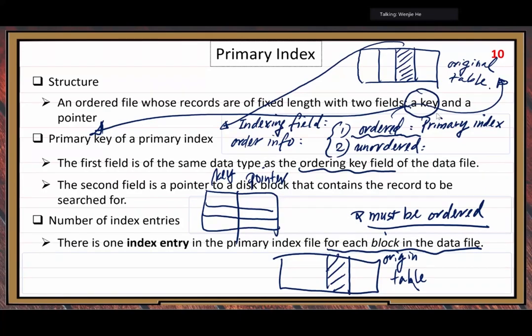Then you can apply binary search. In this case, you can also build a binary search-based index, but this time you cannot use the primary index. You have a secondary index. Later, I will talk about the special structure of this kind of index.